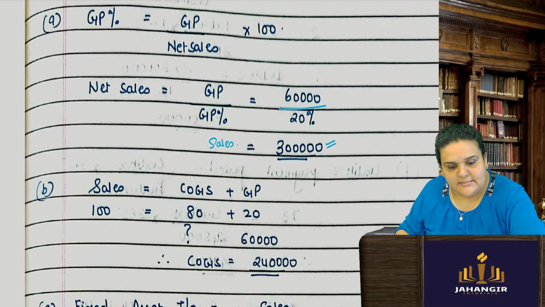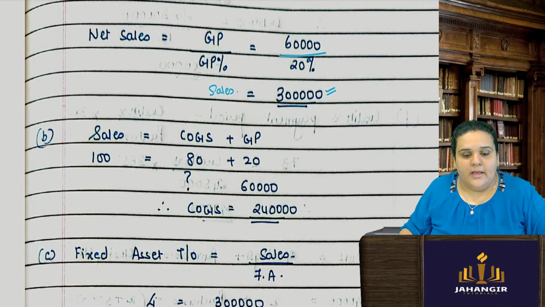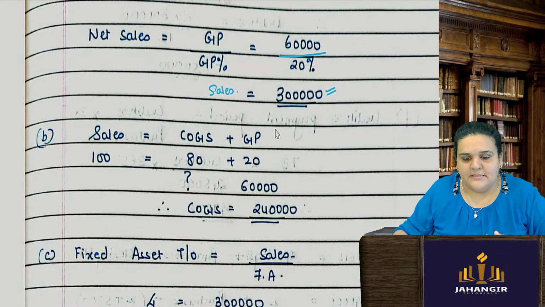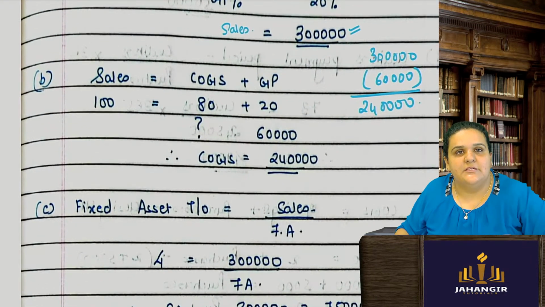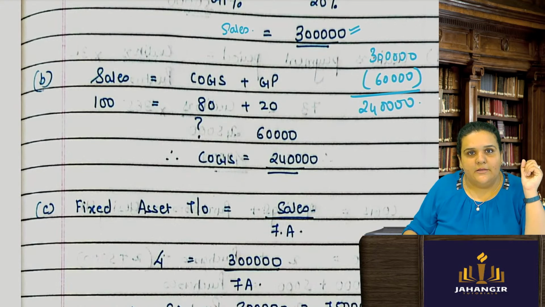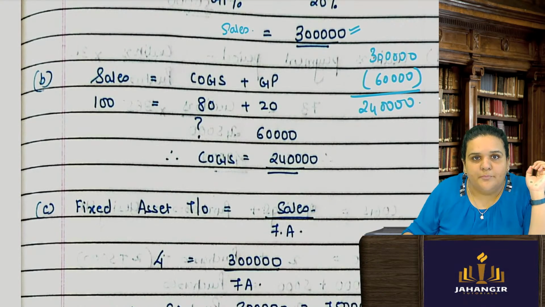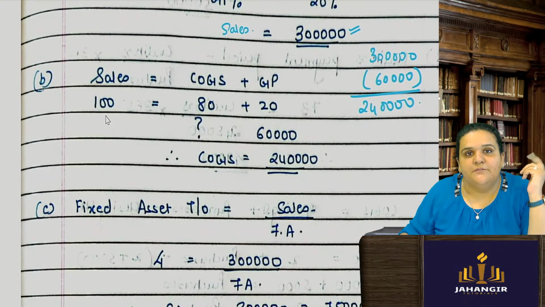I have my sales. I have my gross profit. I can find my COGS. Basic, simple. From 3 lakhs, I will subtract my 60,000, which is my gross profit. That will be 2,40,000. I have just done this in case in an exam question they tell you that the gross profit is 20% of sales.